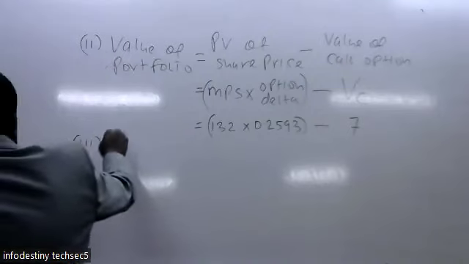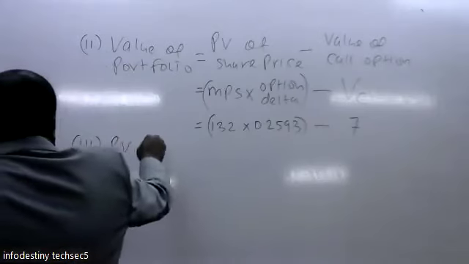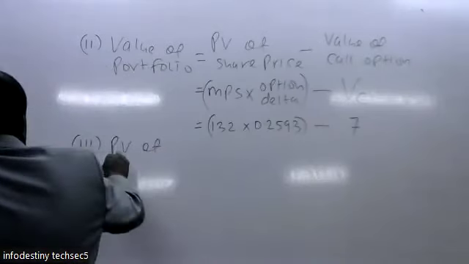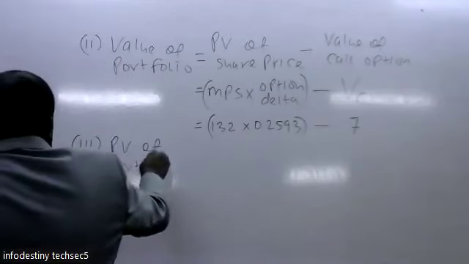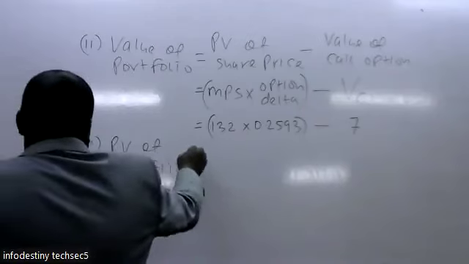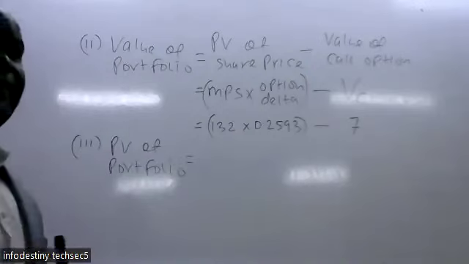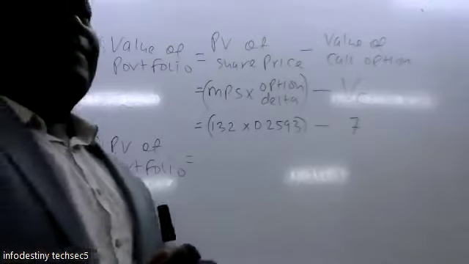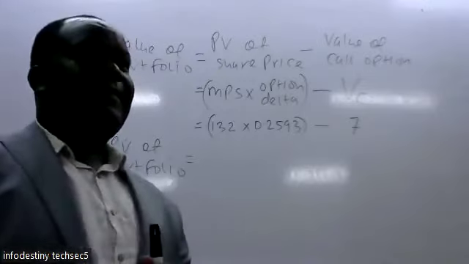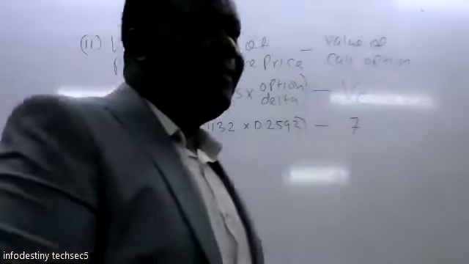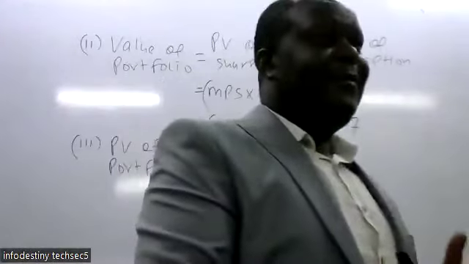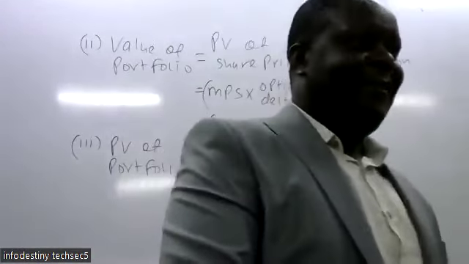In step number 3, you calculate the present value of the portfolio. Suppose in step number 1 we have a positive value, for example 1 or 5, suppose we are getting 3. Just use it the way it is.